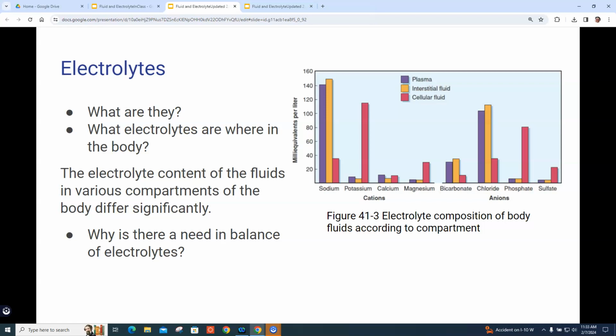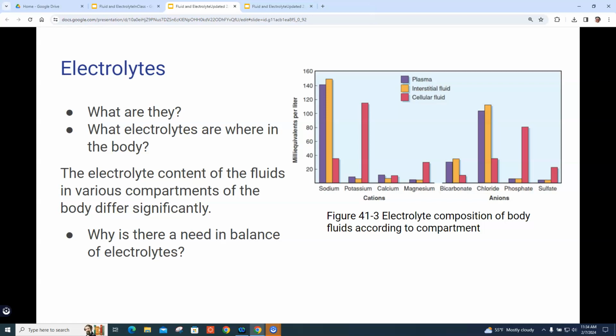And if you take a look at that figure again, you can see the electrolyte content varies in each of the fluid spaces. The major electrolytes found in the ECF or extracellular fluid are sodium, chloride, and calcium. The major electrolytes found in the intracellular fluids are potassium, phosphorus, and magnesium. A healthy person maintains a narrow balance of their electrolytes, and with any changes in the balance, the person is at risk for alterations in their health.